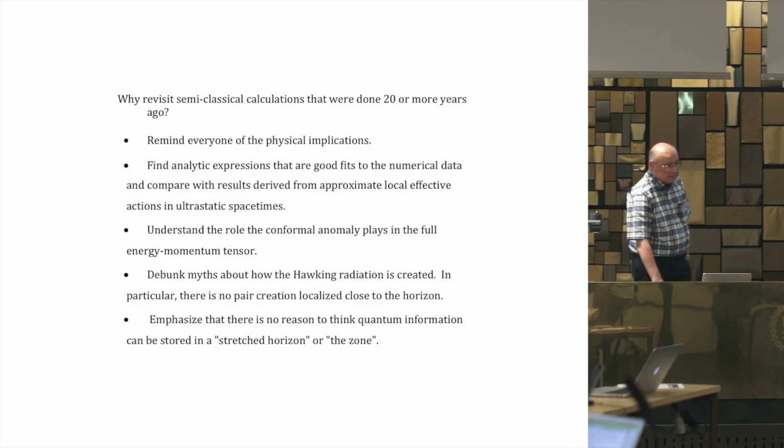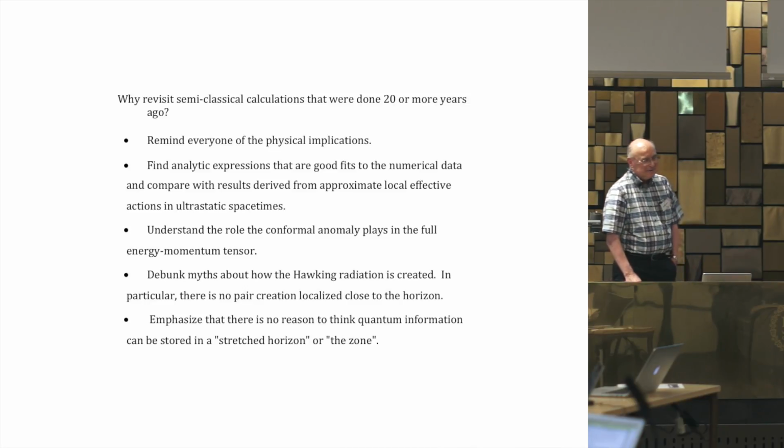The published results are in the form of graphs, and often not very well designed graphs, so it's very hard to extract accurate information from them. I've done the best I can to do that and make numerical fits to the numerical results in terms of analytic expressions, as I'll explain.